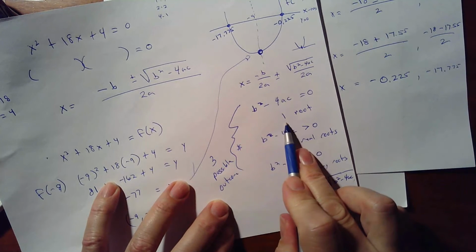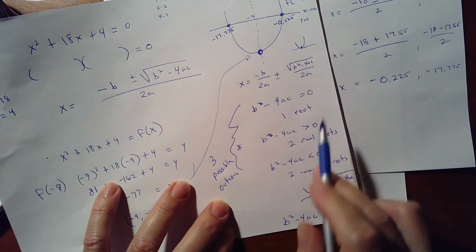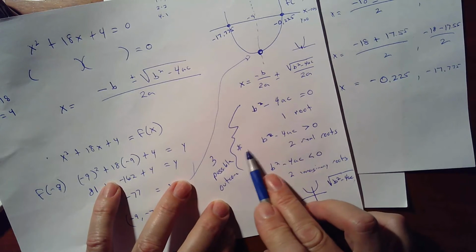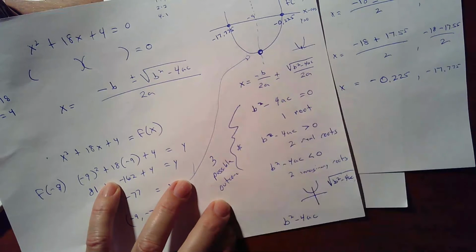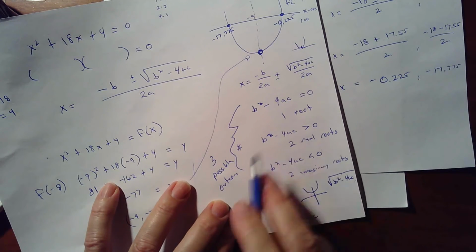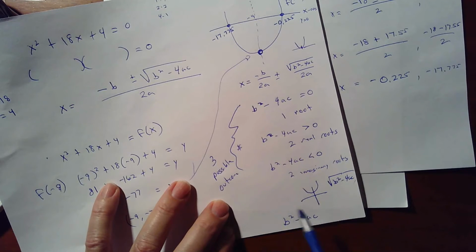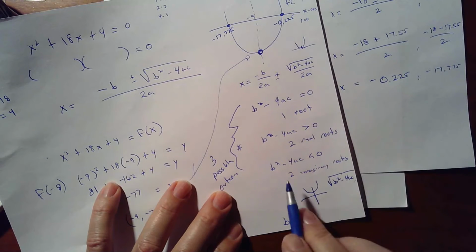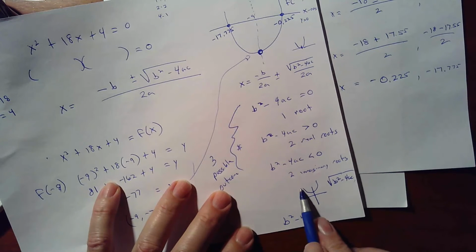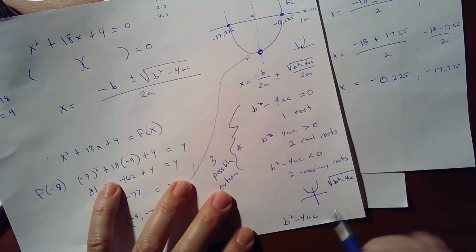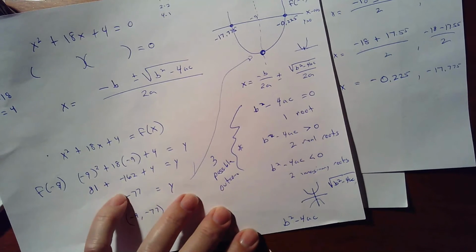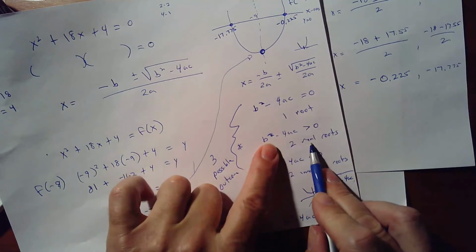We're either going to get 1 root if that value is 0, or 2 real roots. This is the most common, that's why I have a star here. We almost always get 2 roots. But that's not always the case, but in general, that's the type of problems we're solving. And then there are situations where that discriminant is negative and we have an imaginary root, and that's the case where it just never gets up to the x-axis. Okay, but in this case we had 2 real roots.